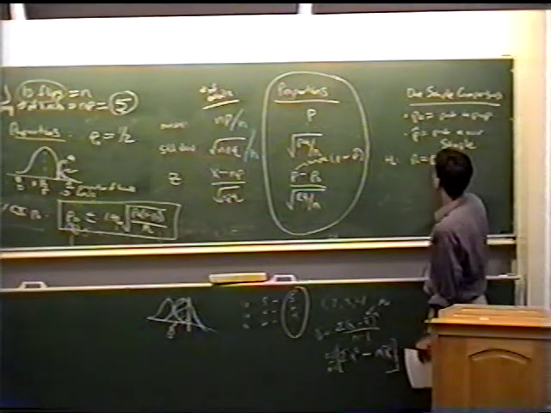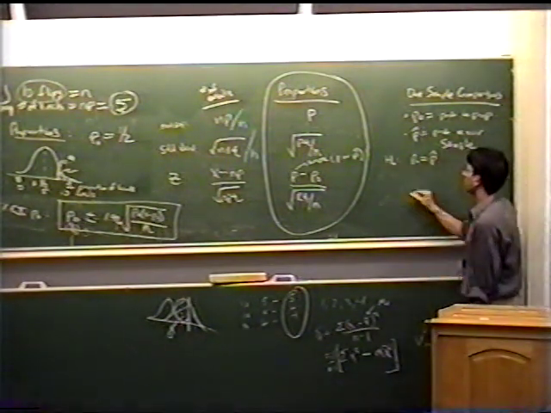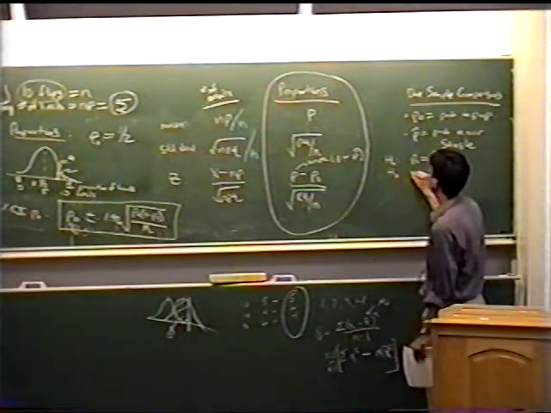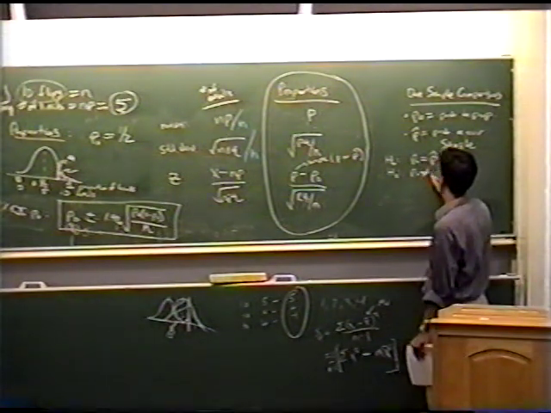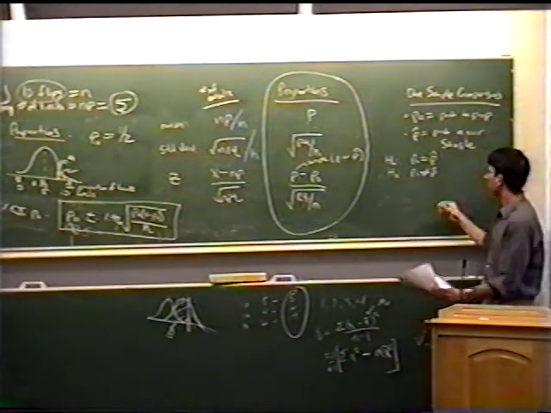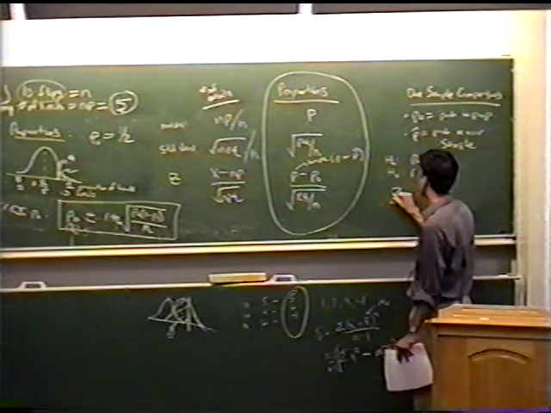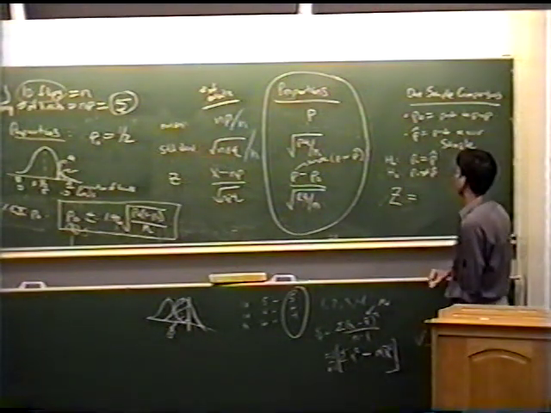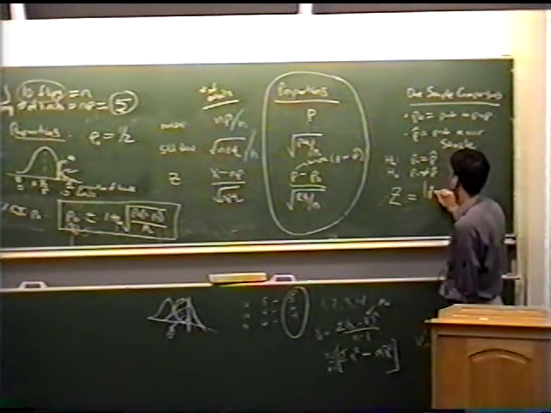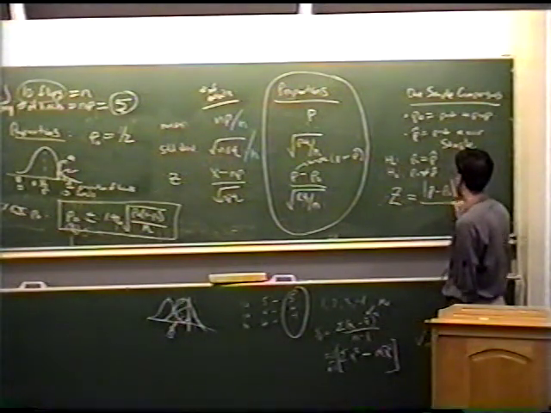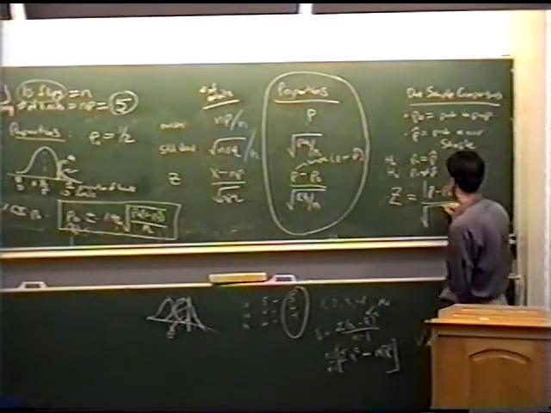Does P naught equal P hat? And the alternative hypothesis would be, no, they don't. And the way to set it up is, you set up your z-test. It's P hat minus P naught all over the standard deviation.